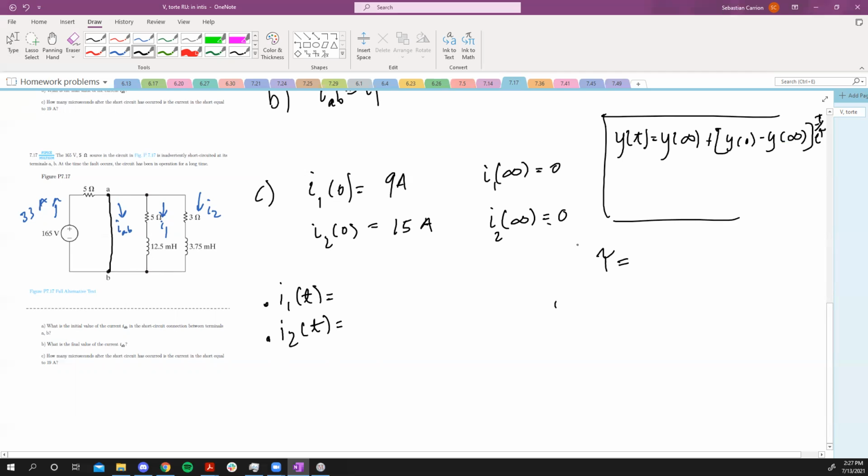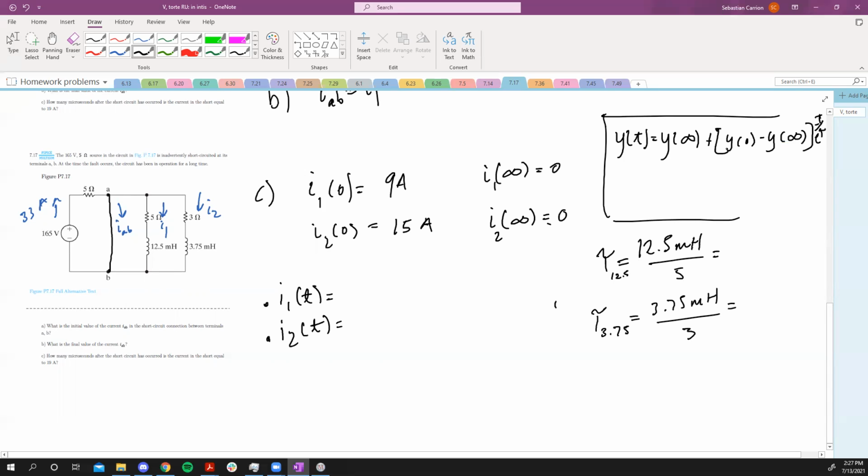So you have 12.5 millihenry over 5, and our tau for the 3.75 millihenry inductor is over 3.